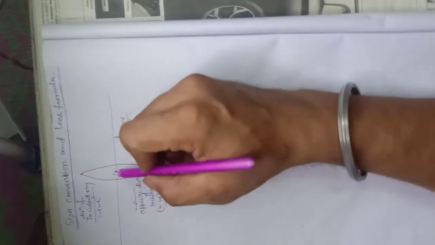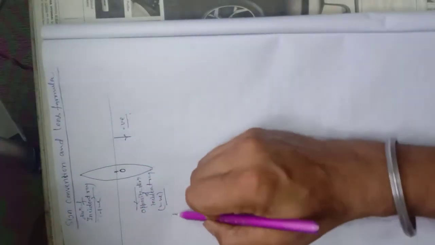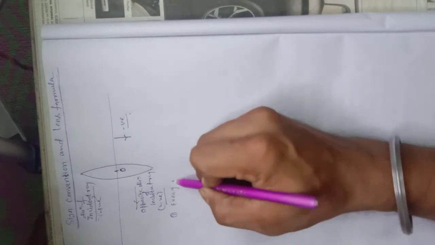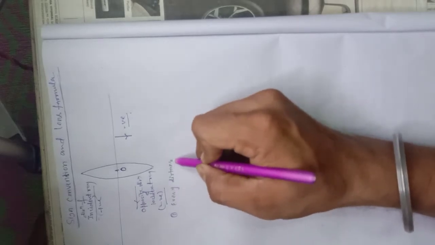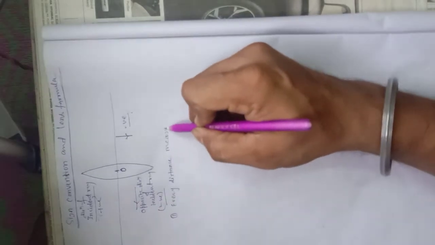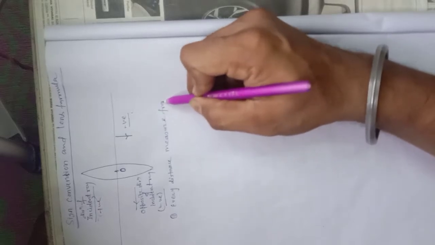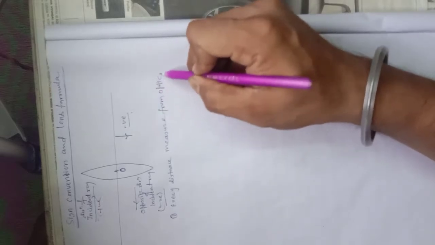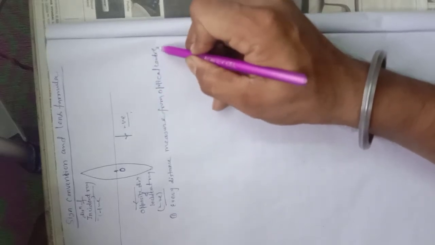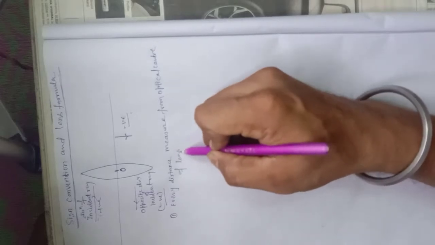The first sign convention: every distance is measured from the optical center of the lens.